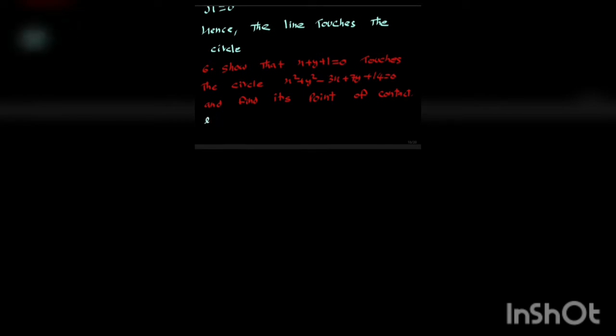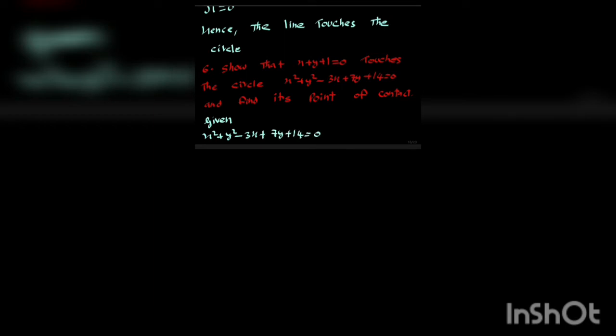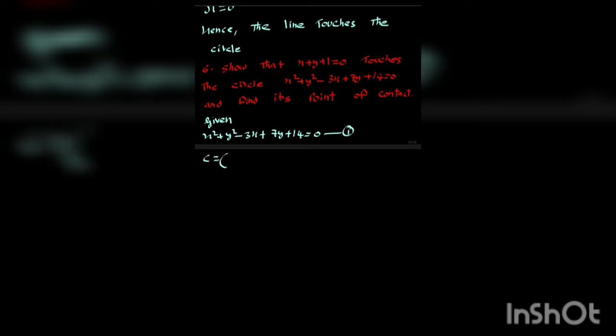So given, what is the circle? x square plus y square minus 3x plus 7y plus 14 is equal to 0. So equation 1. And what is c?